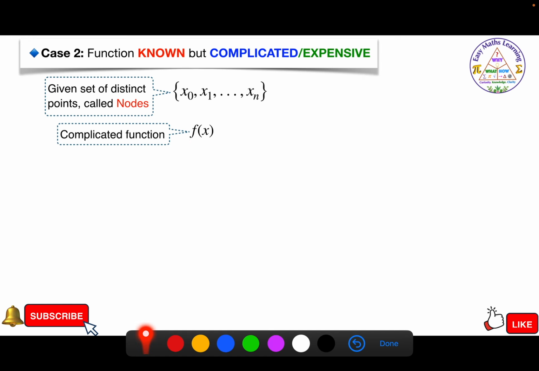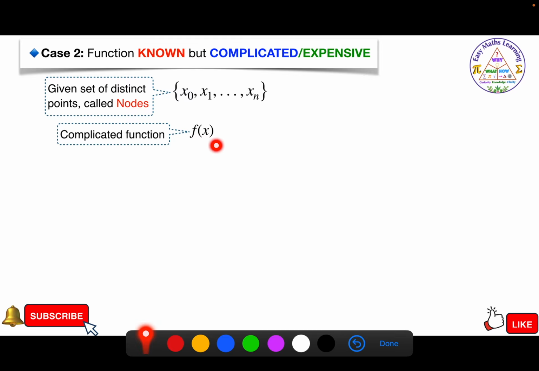Complicated function means it may involve some exponential terms or trigonometric terms or logarithmic terms. Even here function is known, but we are not interested to proceed with this function because it may be time consuming, computationally expensive. So what is our goal?